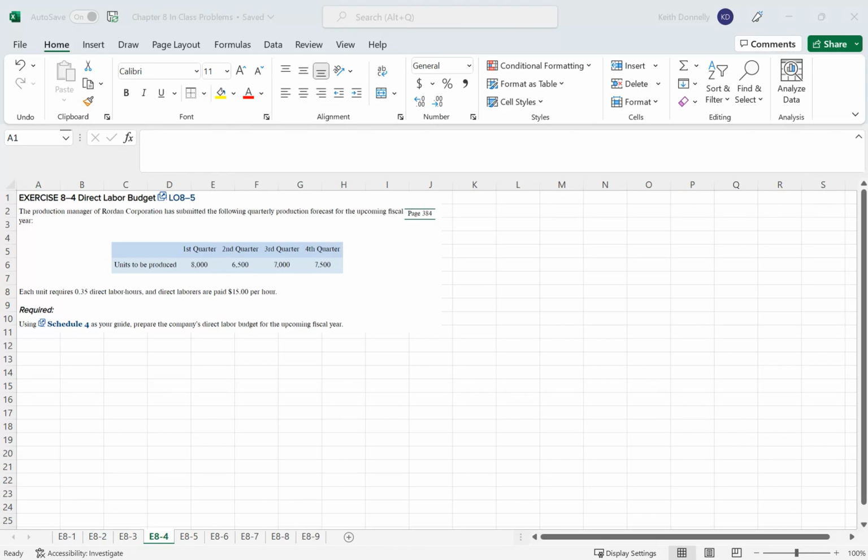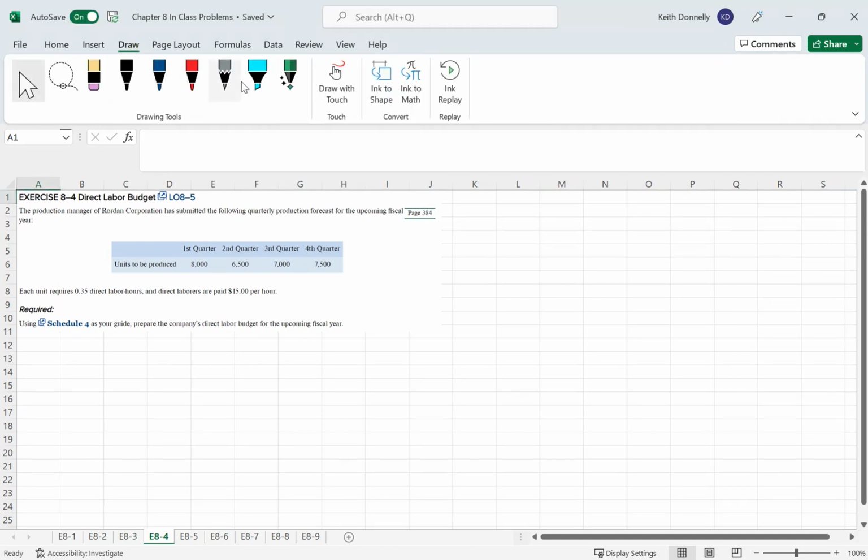It says each unit requires 0.35 direct labor hours, and direct laborers are paid $15 an hour. And what they want us to do here is prepare the direct labor budget.